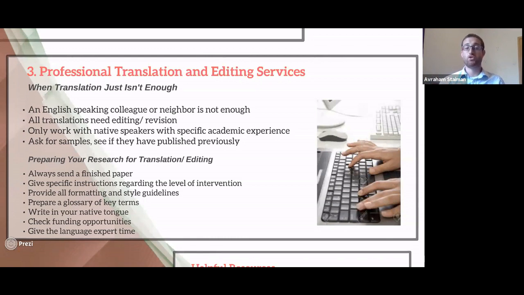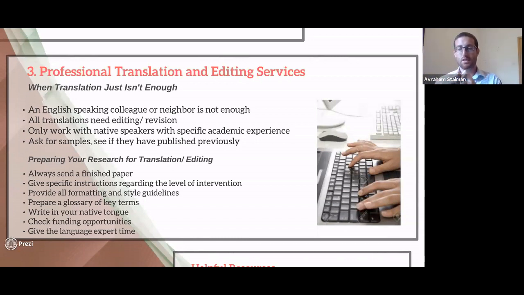Give specific instructions regarding the level of intervention. And what I mean by that is that, as we discussed before, there's the two pillars. There's being true to the source text, and there's creating a comprehensible and understandable and clear target text. And those two can butt heads oftentimes.